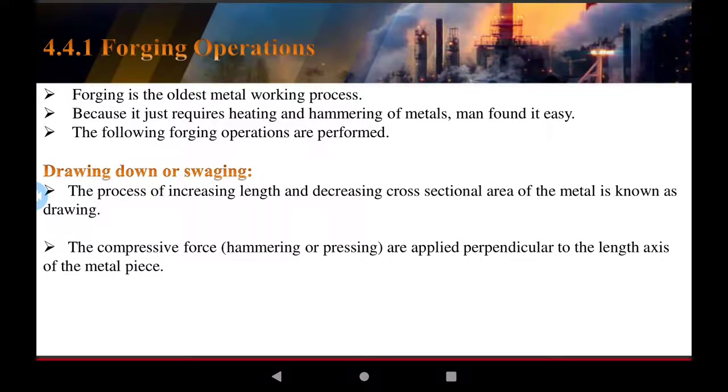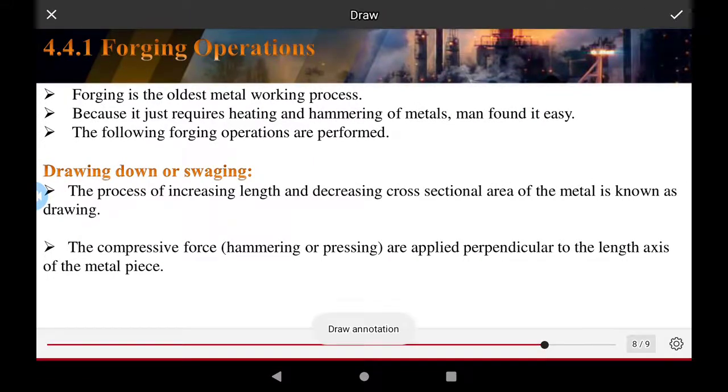Forging operations, continued. Forging is the oldest metalworking process because it just requires heating and hammering of metals. Man found it easy.